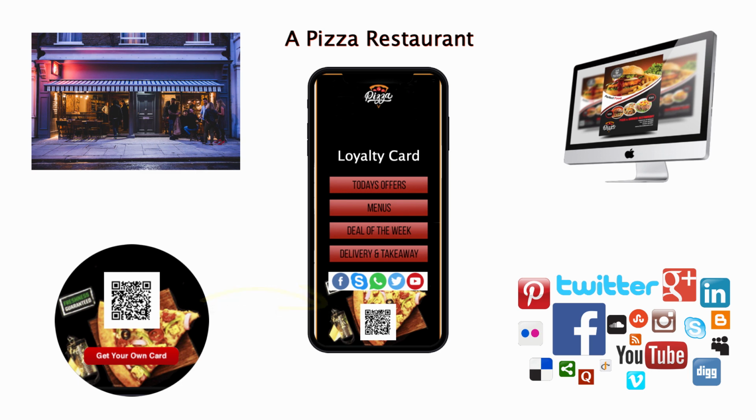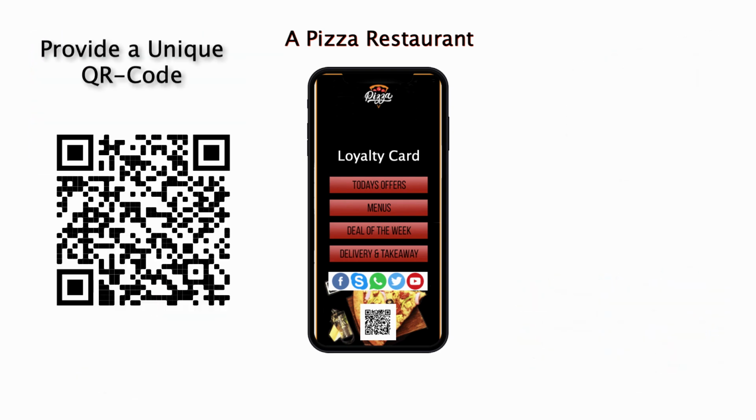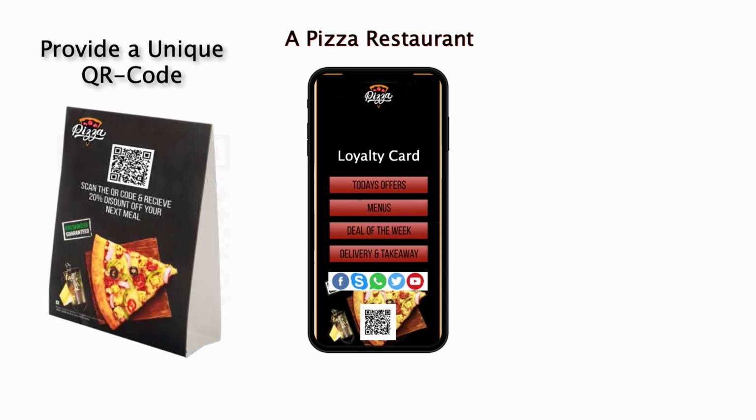So there we have the template for your brand specific loyalty card. The next question is, how do you get it in the hands of your customers? Well, that's simple. We provide you with a QR code that is linked directly to your loyalty card. Now, you can add your QR code to all your points of sale material and advertising. Put it on posters in the window, put it on the back of the till while people are queuing for their coffees, put it on tent cards on the tables.